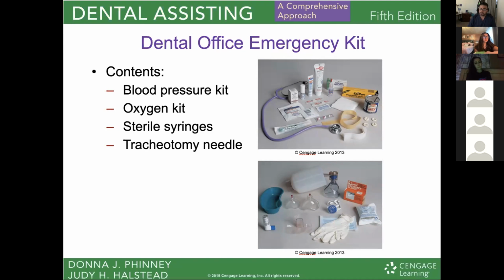A lot of times in the dental office, we're working with different materials, gauze, dental dams, and things can get lodged in a patient's throat, obstructing their airway. If that happens, a tracheotomy needle is used to puncture the throat to make a passageway for the trachea. Obviously you wouldn't be the one doing this, the doctor would, but you want to have the necessary supplies in case something like this needs to happen.